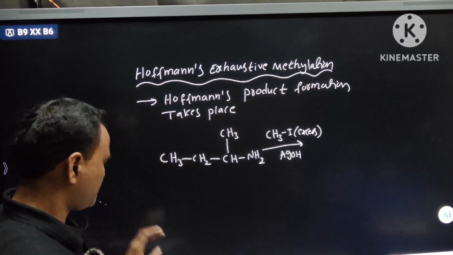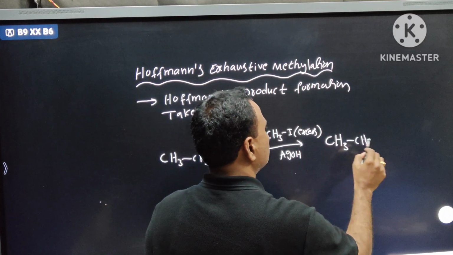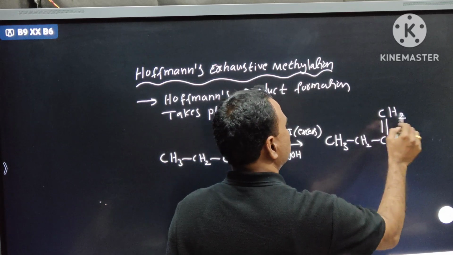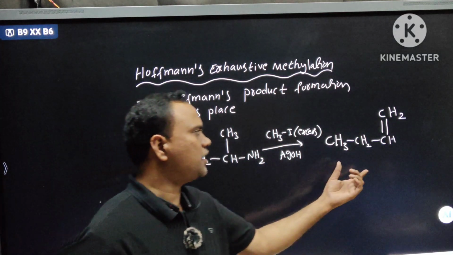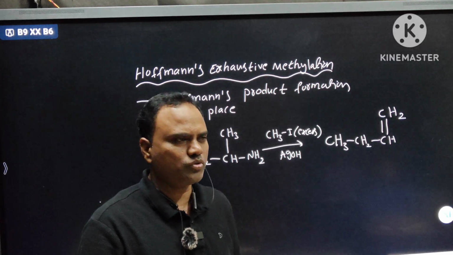Then we will get the less substituted alkene. How to identify less and more substituted?